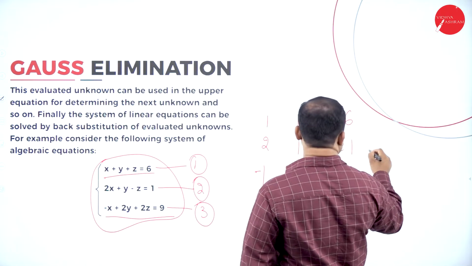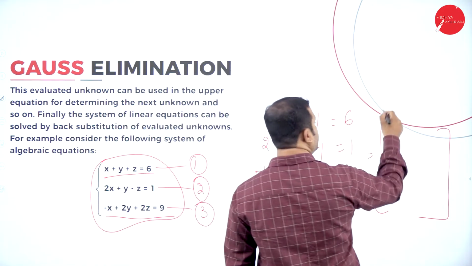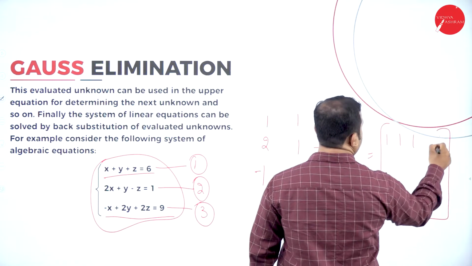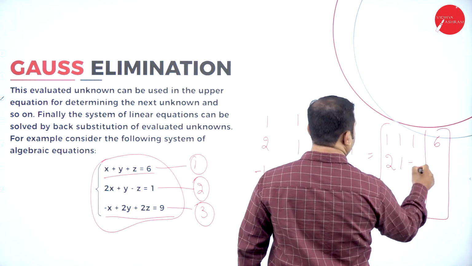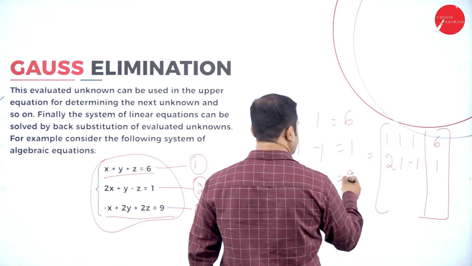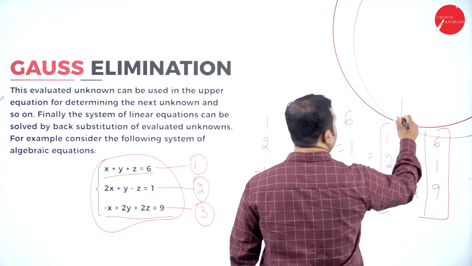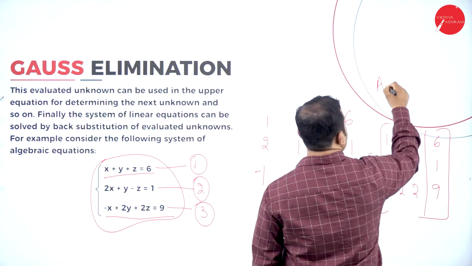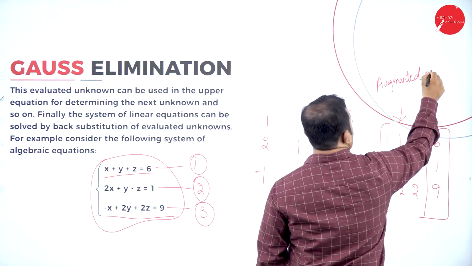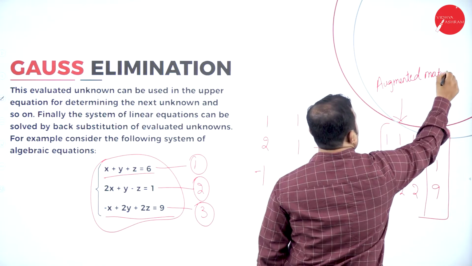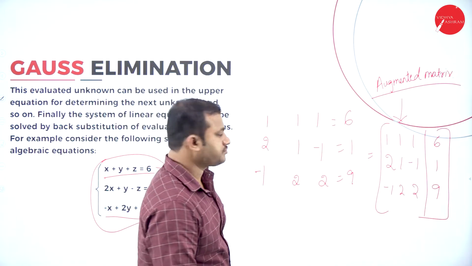If I represent it in the form of a matrix, I'll get the matrix in this form, that is the augmented matrix, 1, 1, 1, 6. 2, 1, minus 1, 1. Minus 1, 2, 2, 9. So this kind of matrix is called an augmented matrix.